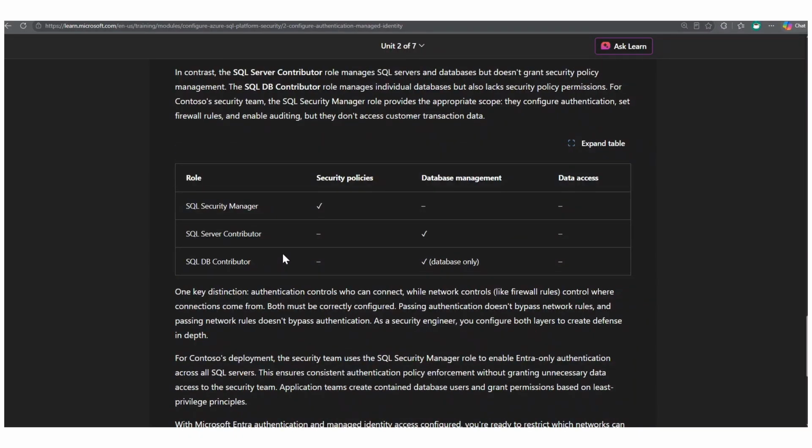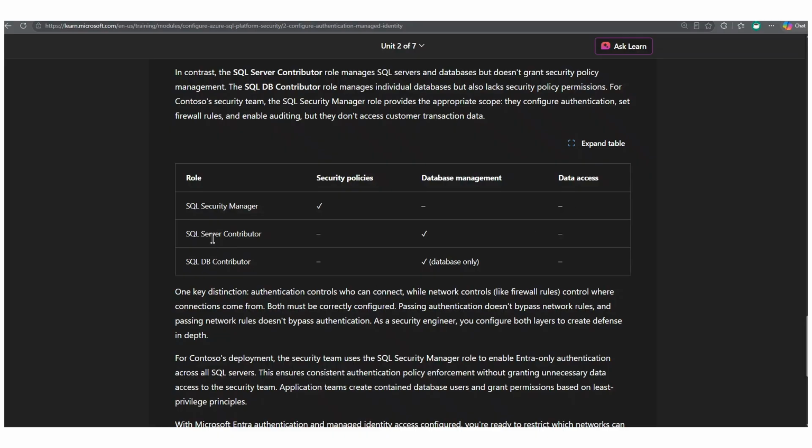Very important for the exam, there are many questions in the exam about using the right role, the concept of least privilege, which is one of the basic components of a zero trust mindset, right? So in terms of SQL, you have the SQL Security Manager, which is used basically for security policies, no database management, no data access.